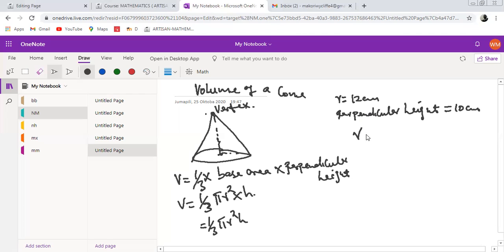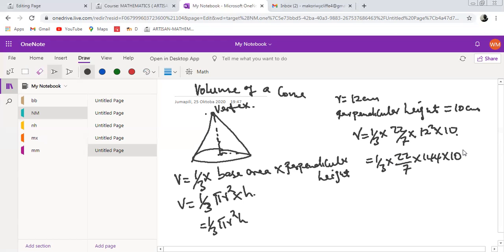In this case, the volume is going to be given by a third times 22 over 7 times the radius, which is 12 squared, times the perpendicular height, which is 10. So this is the same as a third times 22 over 7 times 144 times 10.